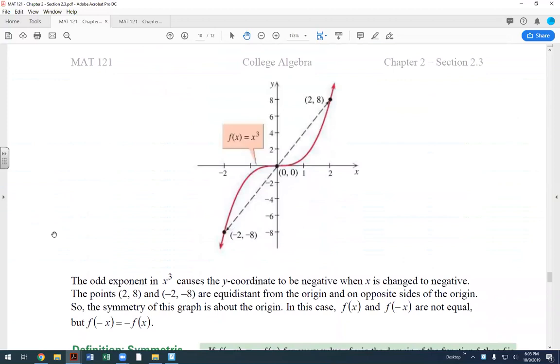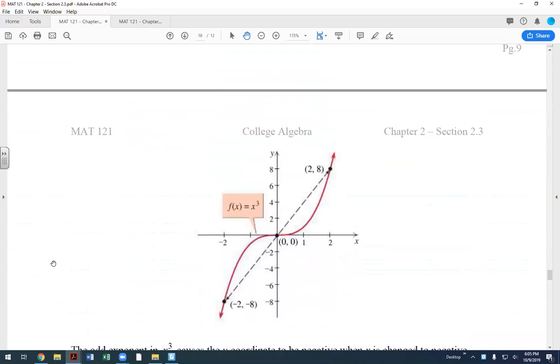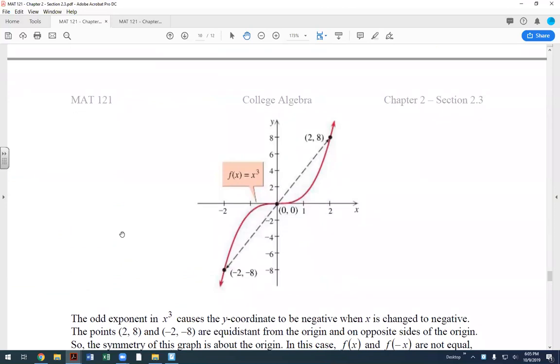with the origin. So when you're talking about symmetry with the origin, we're actually looking at the x cubed function. In this case, we really won't be able to fold our graph and make the halves coincide like a parabola does. But with functions that are symmetric about the origin, you can still use the idea of distance.